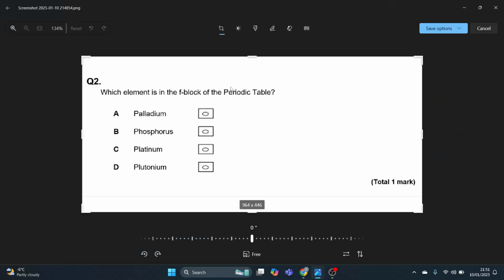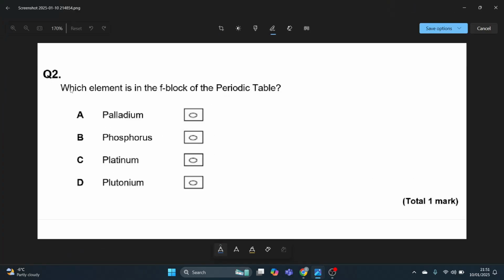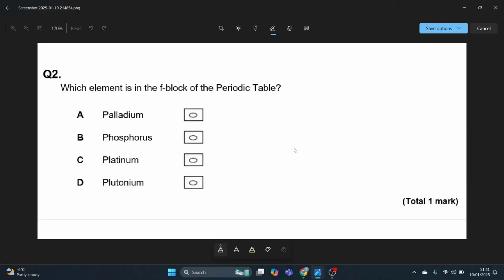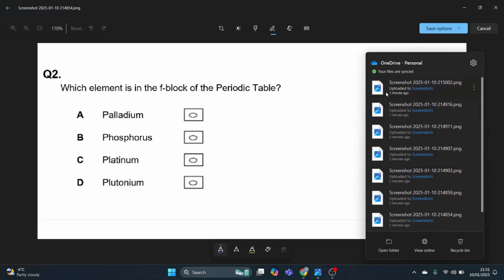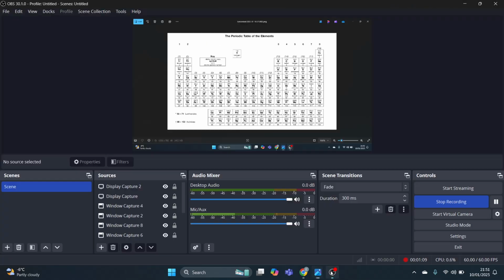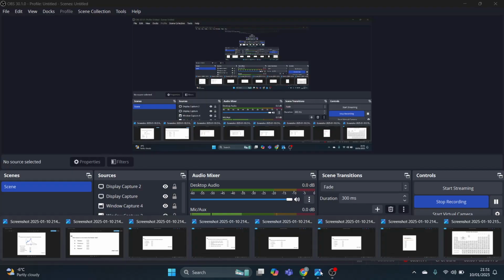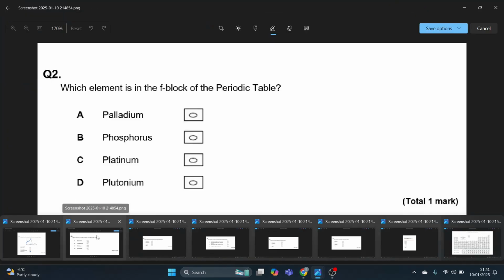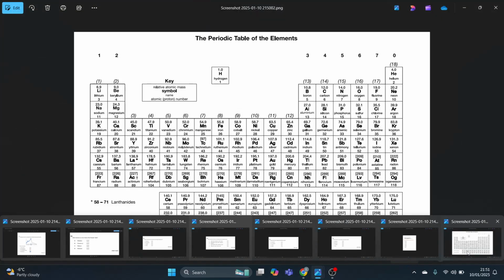Question 2: which element is in the F block of the periodic table? Another classic question, and this one requires you to go to the periodic table, which I did screenshot, but I probably forgot to open it. So hopefully I'm still recording. So we've got palladium.